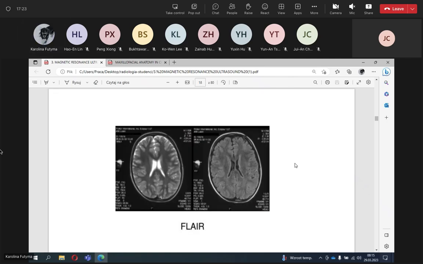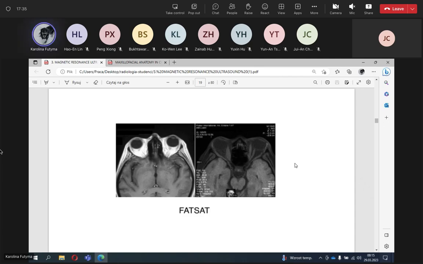FLAIR, a little bit more advanced image, especially used in MRI of the brain. Here we have a fat sat, of course.